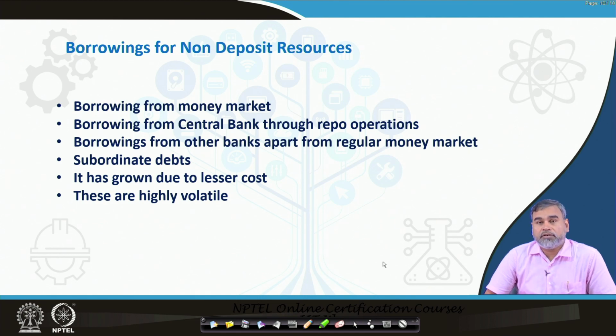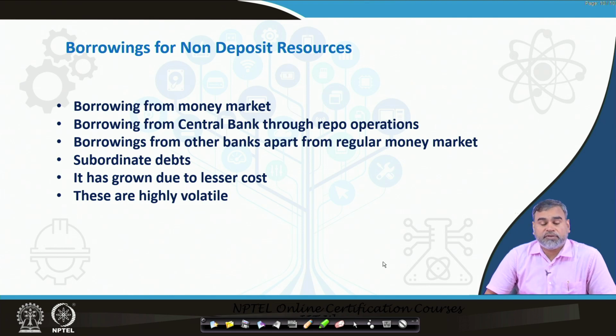There are some lenders and some borrowers in the call money market from where money can be borrowed. The banks who have surplus money will lend, and the banks who have a deficit want to borrow from those lenders to fulfill their requirements on an overnight basis, or a little bit longer maturity also, they can borrow from the call money market.